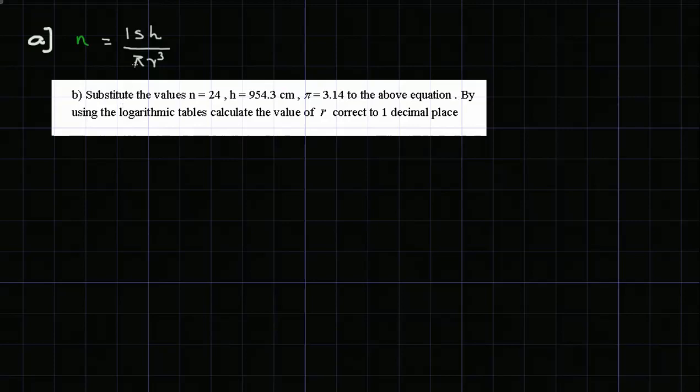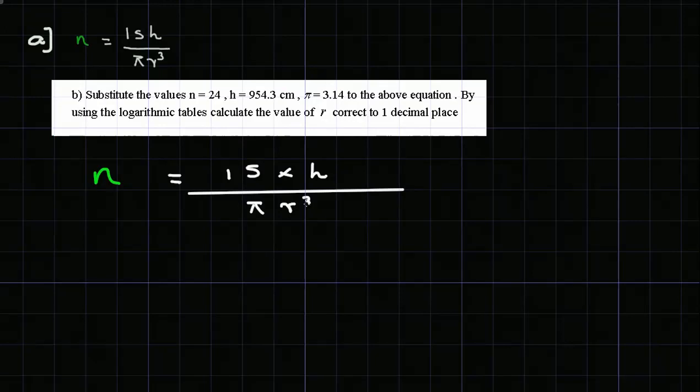All right. So let's write the equation first. What is it? We got in part A, n equals 15 times h divided by pi r cube. And what's told to us?